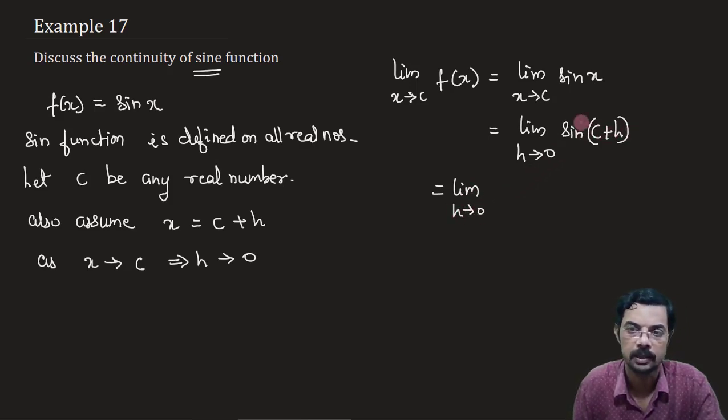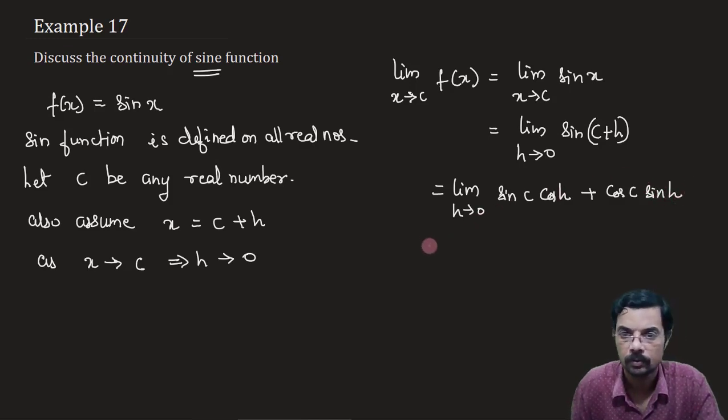Now this will be equal to limit h tends to 0 of sine of c plus h. Sine of alpha plus beta is equal to sine alpha cos beta plus cos alpha sine beta. So that is sine of c into cos of h plus cos of c into sine of h.